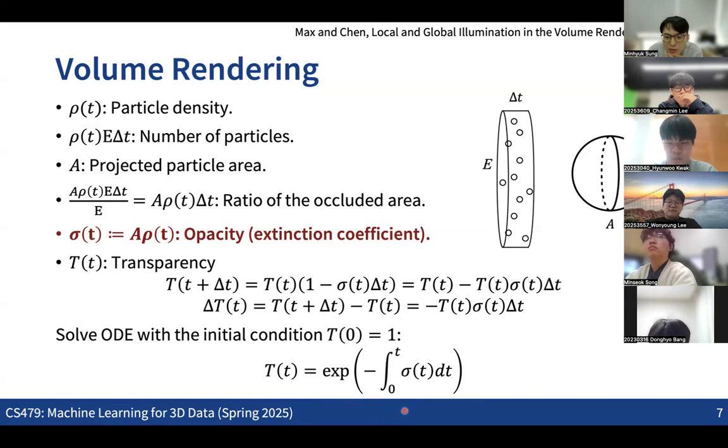How do we handle a situation where one particle is occluded by another? That's a really good question. Would there be cases where some particles are occluded by other particles? We are not precisely modeling all those things. There can be cases where particles occlude each other, and those factors should be incorporated into this formulation.